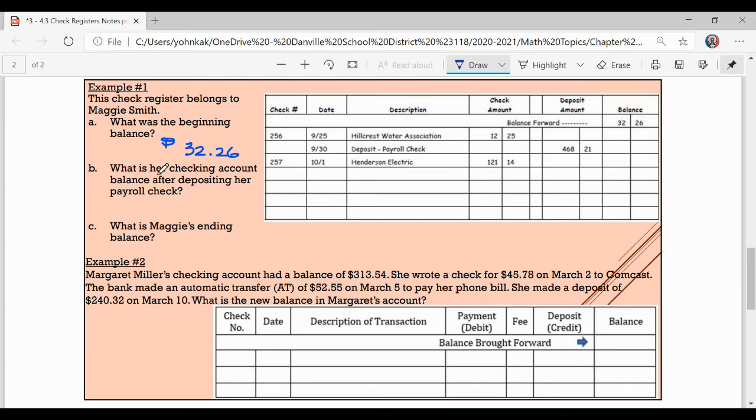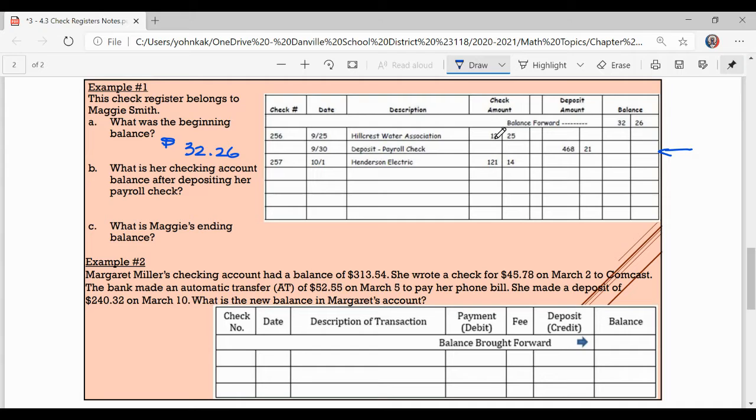What is her checking account balance after depositing her payroll check? Well, in order to find this balance, we're going to have to do some math. We're starting with $32.26. Then Maggie wrote a check to the Hillcrest Water Association, check number 256, on September 25th, for $12.25.